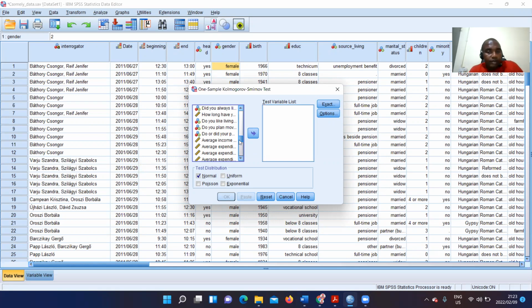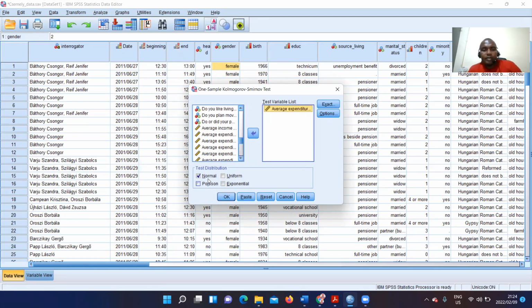And our alpha, for hypothesis testing purposes, is equal to 5%. That's the standard alpha. So the variable that we choose is average expenditure on heating.